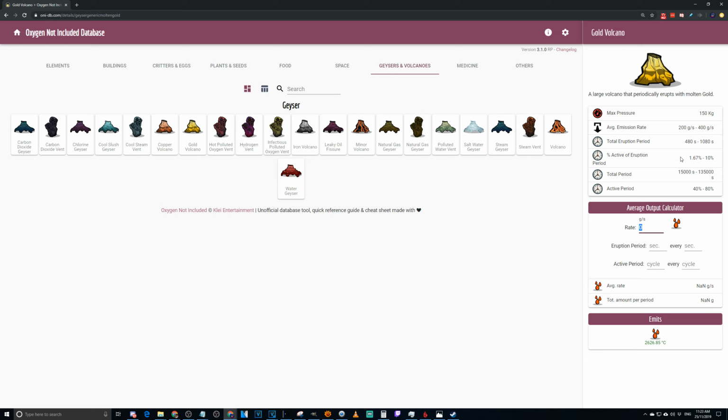So, we're at max pressure, average emission rate 200 grams per second, eruption period 480, active period 50%. And I obviously typed in one number here wrong. Whatever. I need real stats to work this out.